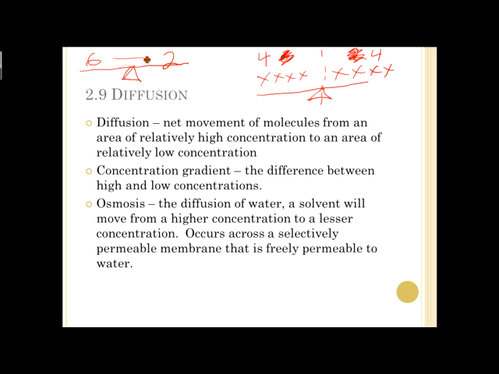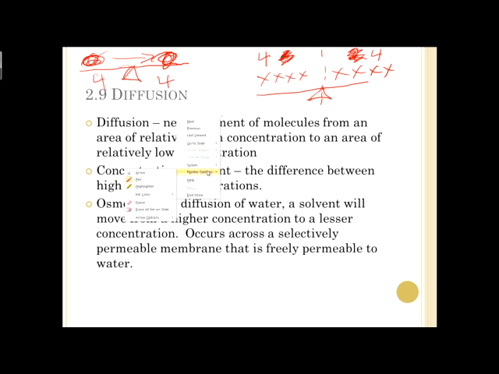I need 2 to move this way to make 4 on both sides. Diffusion, concentration gradient. Osmosis, the diffusion of water. A solvent will move from a higher concentration to a lesser concentration. It occurs across a selectively permeable membrane that is freely permeable to water.